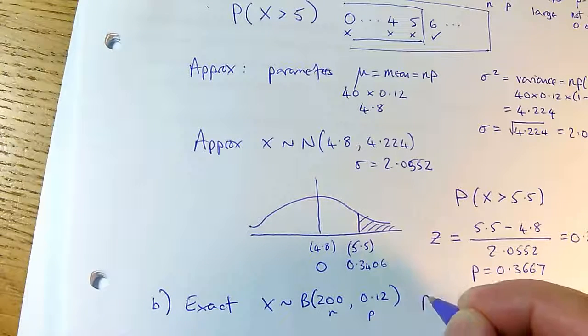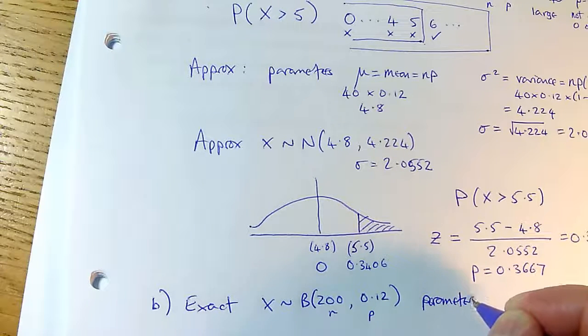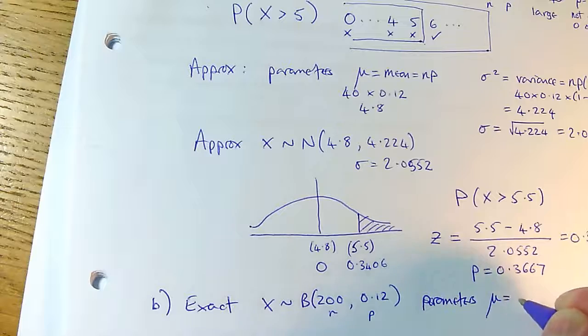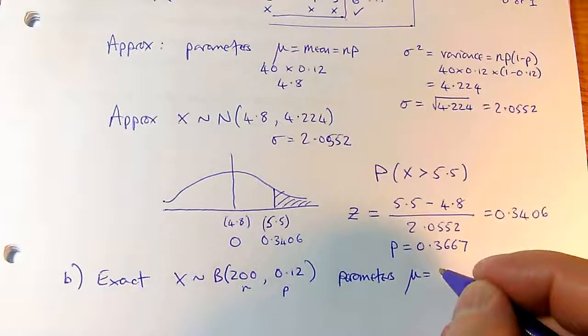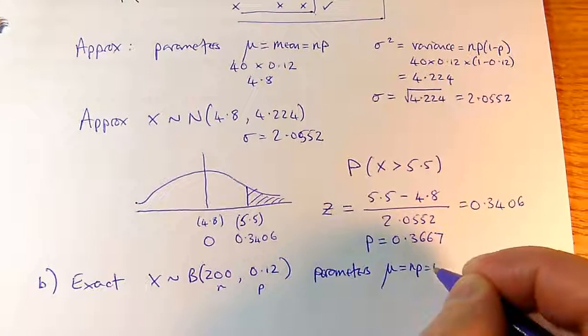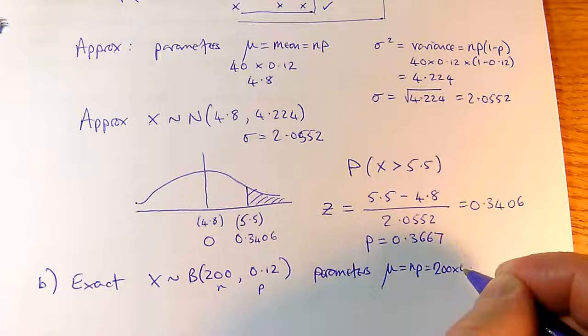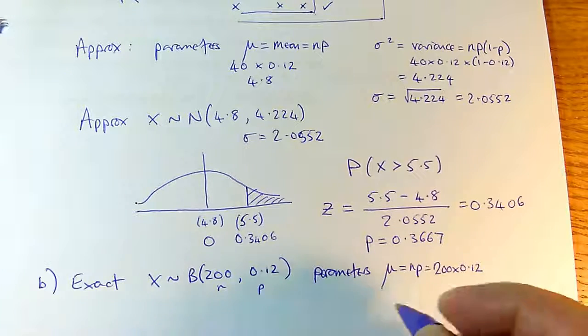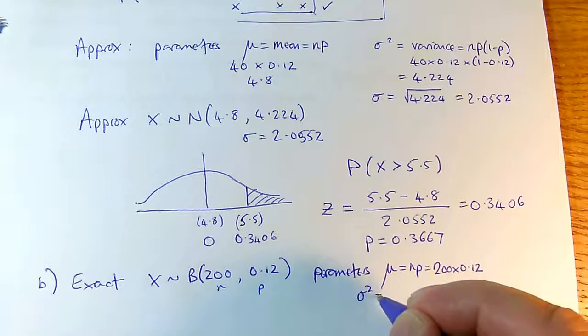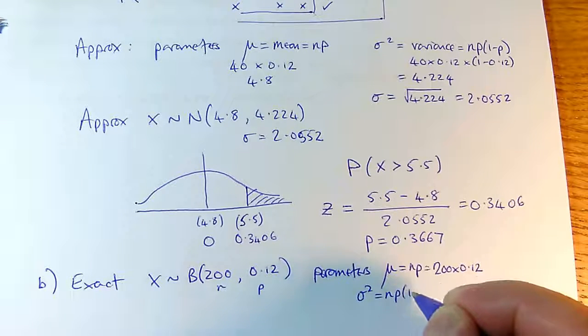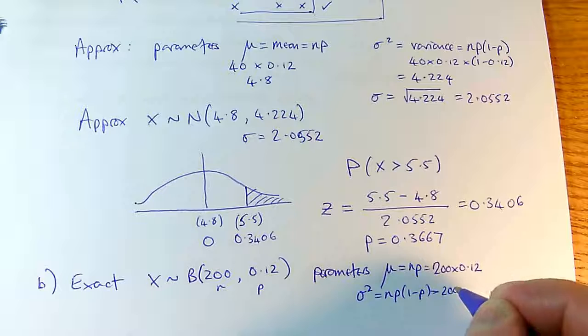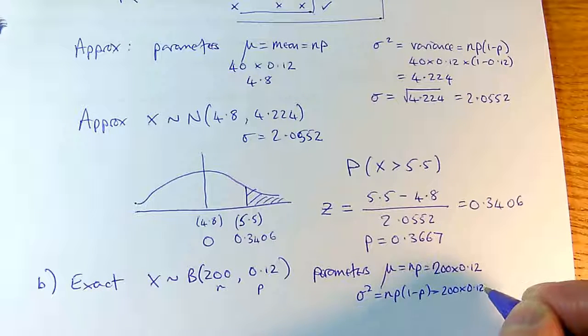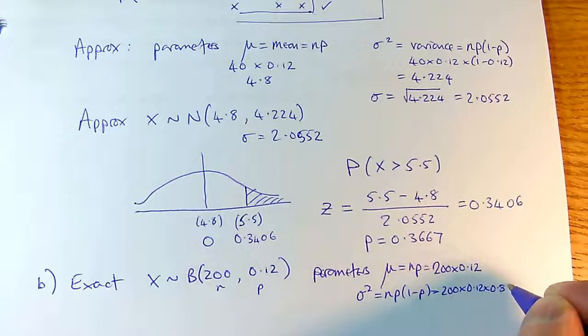Okay. So the parameters I need for my approximate distribution: my mu, my mean, is going to be np, which is 200 times 0.12, and my sigma squared is going to be np(1 minus p), which is 200 times 0.12 times 0.88.